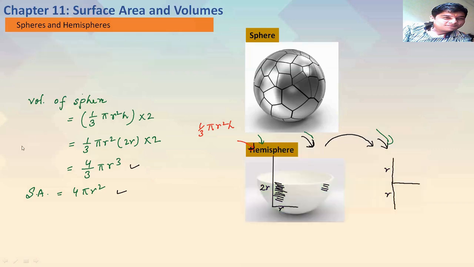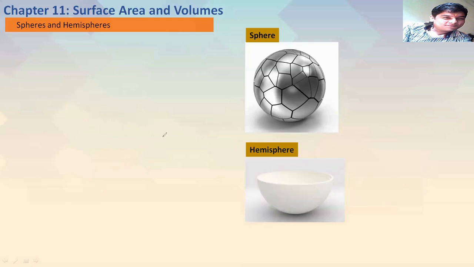We have the hemisphere. Do you notice that a hemisphere is half of the sphere? Yes, sir. So its surface area will be 2 pi r square. Yes, but is it the total surface area? What do you reckon?